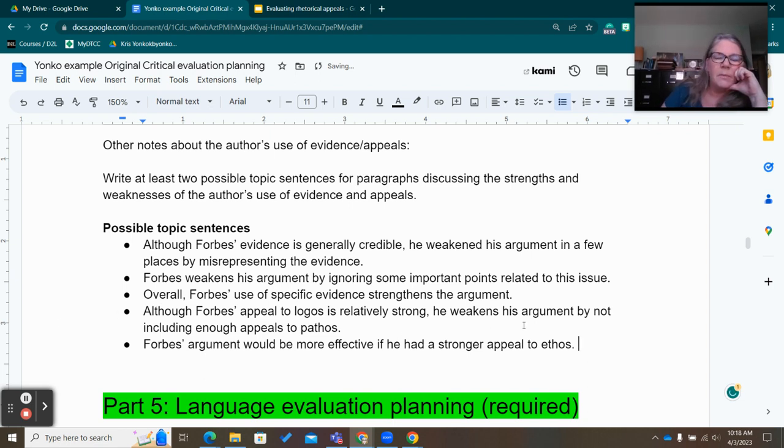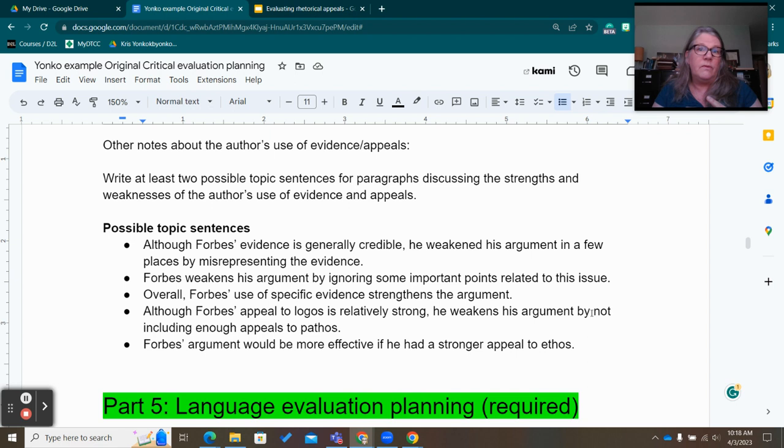So remember the pattern in these topic sentences. Just like in the Unit 3 essay, we want to mention the author. We want to mention one of the strategies. This time we're not really referring to the ideas in the article. We're referring to what he did, not what he said, or how he wrote. So it's his use of evidence, his use of appeals.